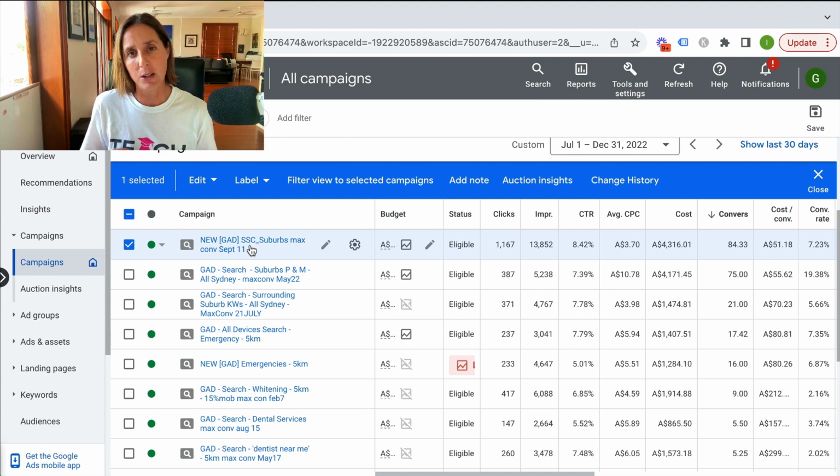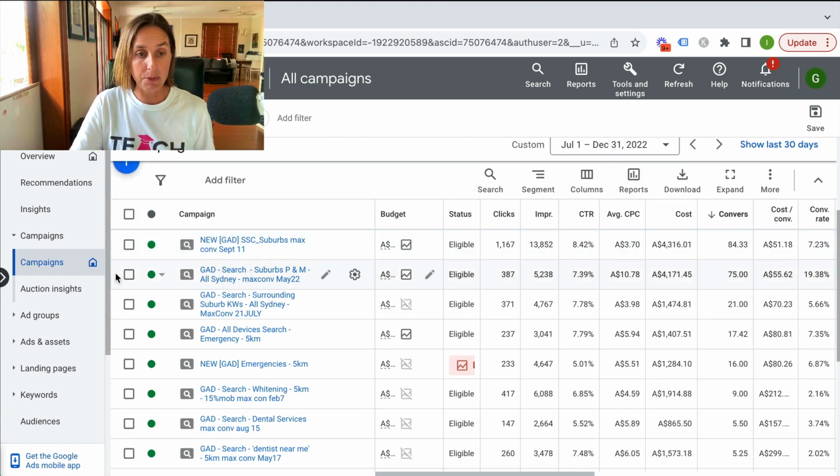However, what I found was I got a good click-through rate, but I didn't get a great conversion rate because people were a bit annoyed that I was saying that they were a dentist in a suburb where they actually weren't. They were in the neighboring suburb. Okay, so I have found that since I actually put the actual suburb that they're located in, I get a lower click-through rate, but I get a much better conversion rate, which is really what I want. Okay, so make sure you do that.